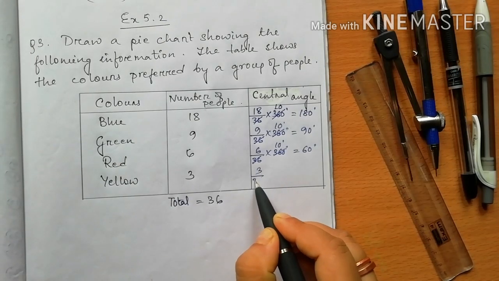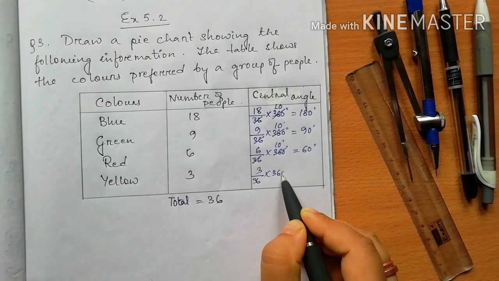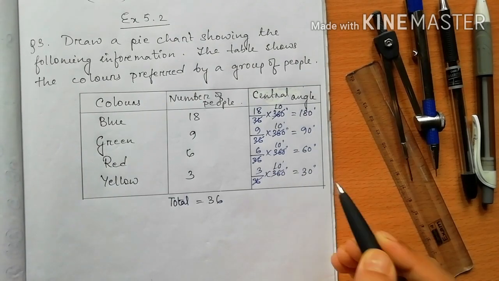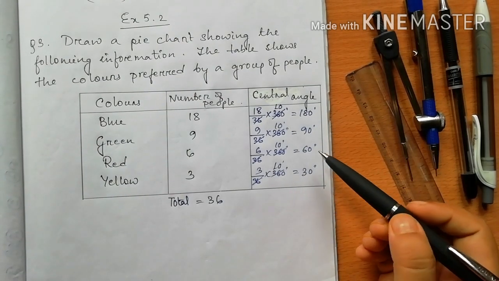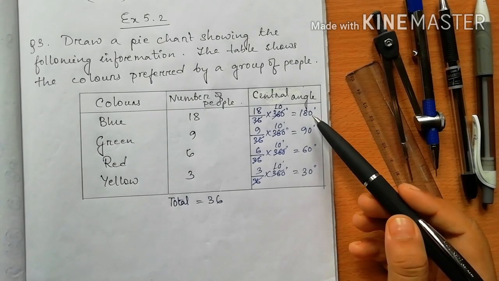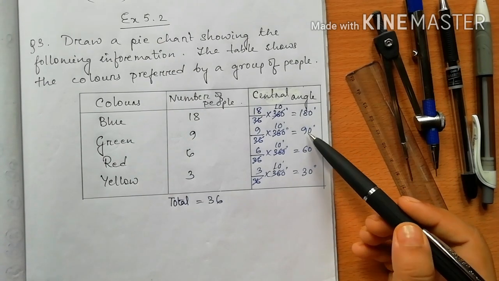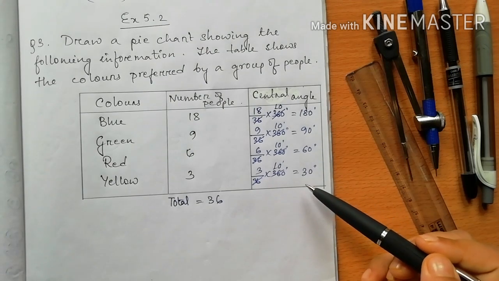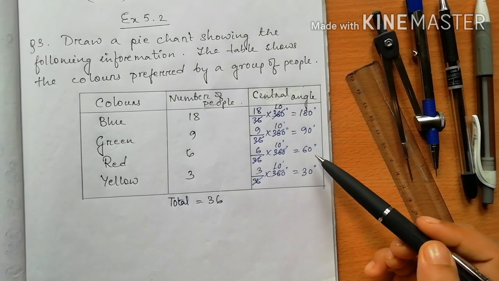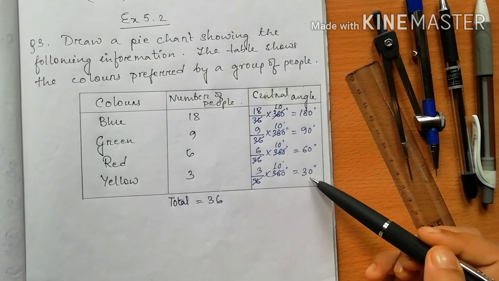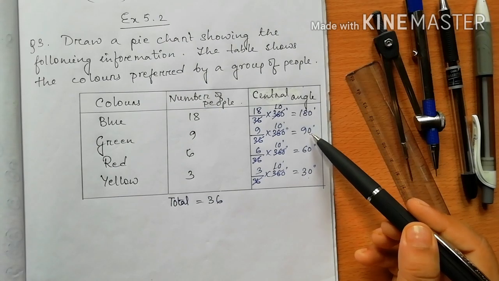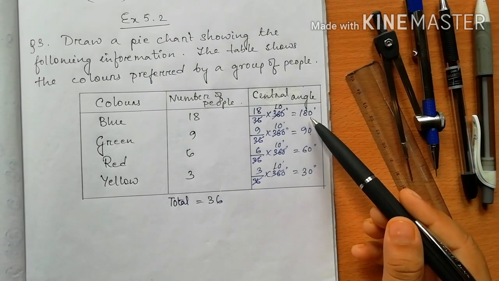Then 3 by 36 into 360 is 30 degrees. An important point: if you add 180, 90, 60 and 30, you must always get 360. 90 plus 90 gives 180, and 180 plus 180 is 360.